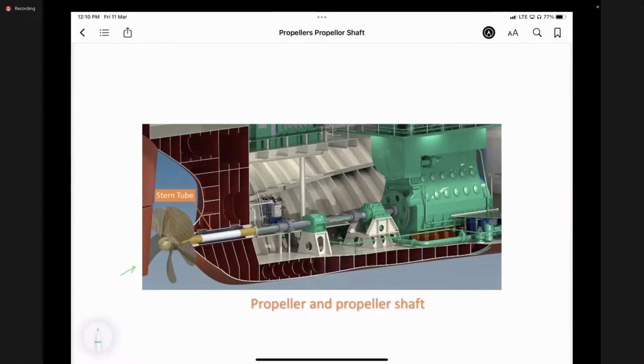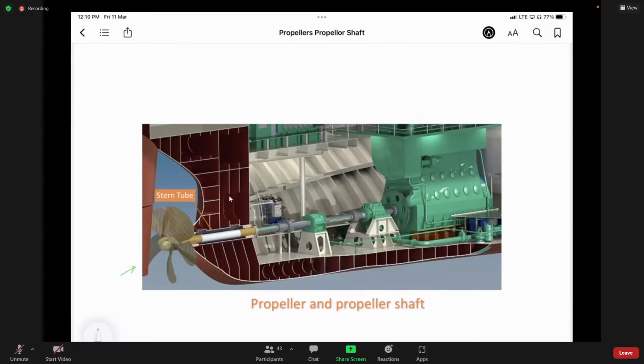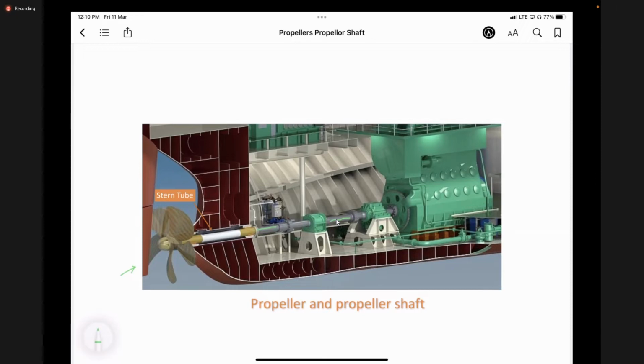Now, here the catch is that we want the propeller to come out of the ship's hull. If it is coming out of the ship's hull, definitely there is an opening. And we do not want any water to go inside our ship through that opening.